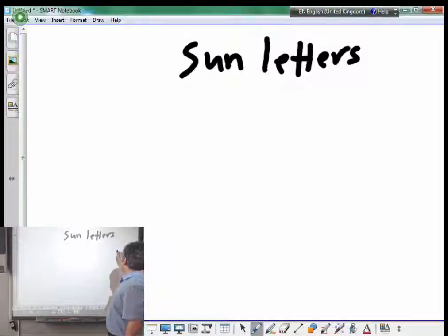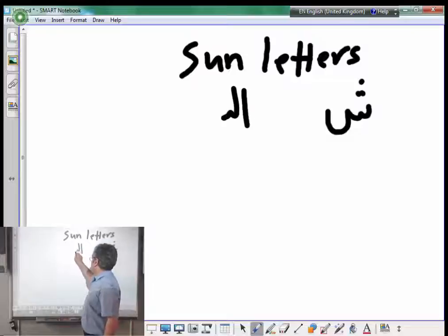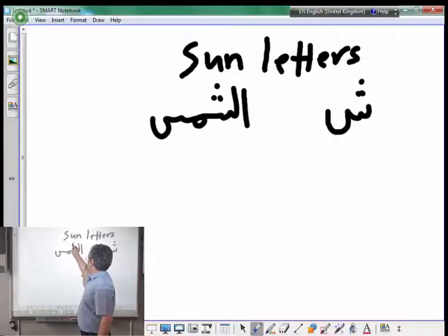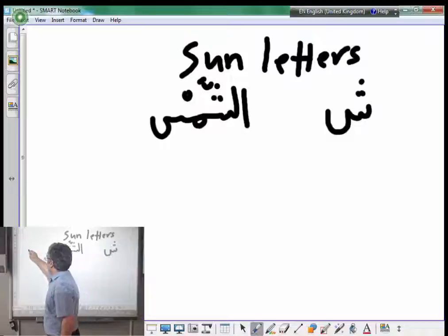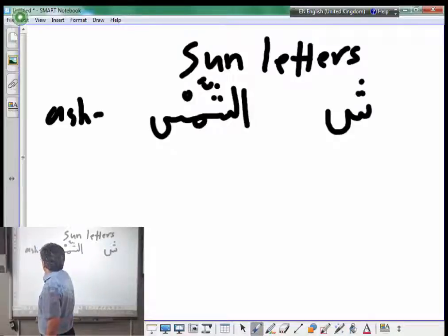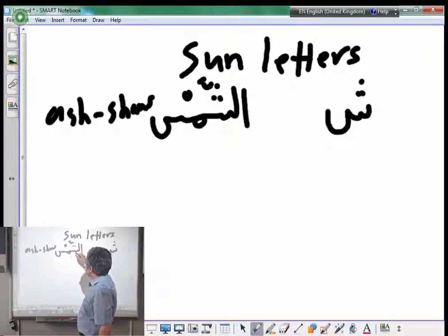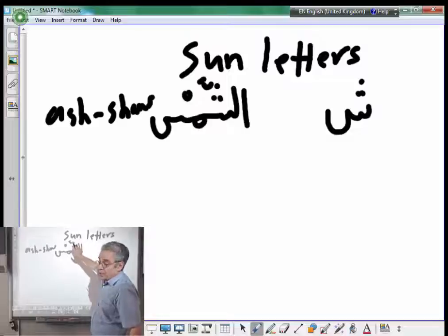So if I take the sheen, as you see here, الشمس, so I write it in English, الشمس. This shadda indicates that I'm going to pronounce the sheen twice and ignore the lam.